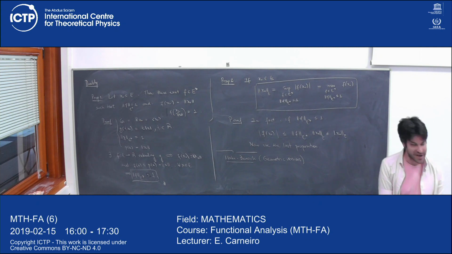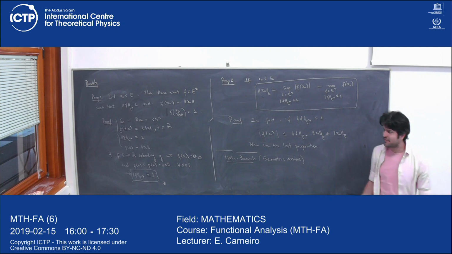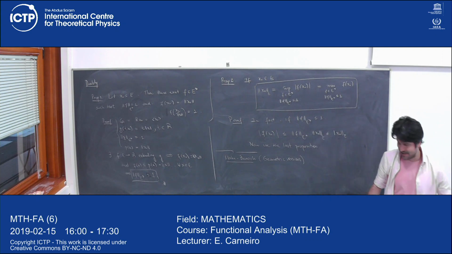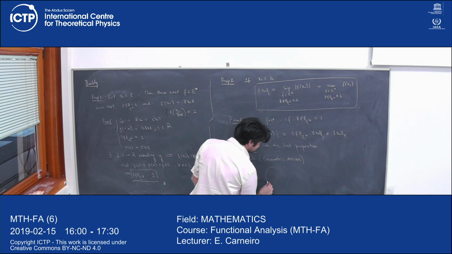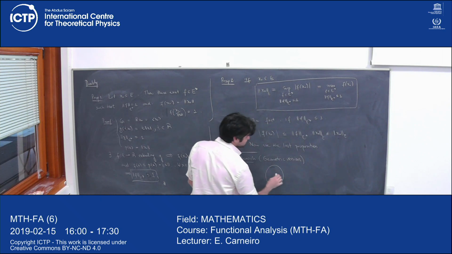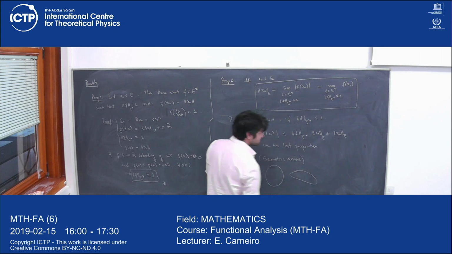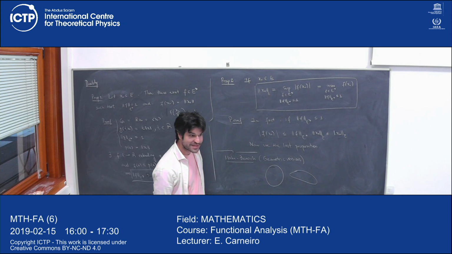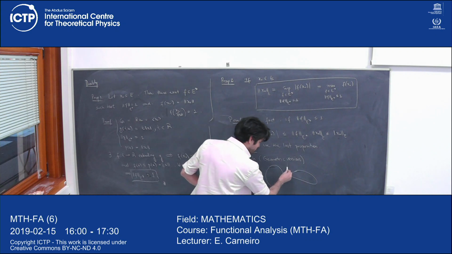So if I am here on this board, which is a plane, and I draw two convex sets, let's just say bounded convex sets, this one and this one, the interpretation of the Hahn-Banach theorem is just that you can separate two convex sets by a line.